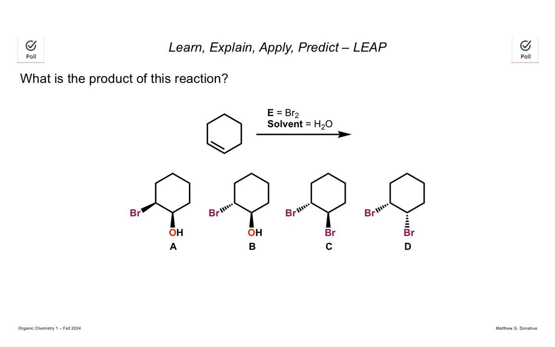So here we have a cyclic alkene, so cyclohexene. We're treating with bromine and water. And just by diagnosing those conditions, can you eliminate two choices to start with?